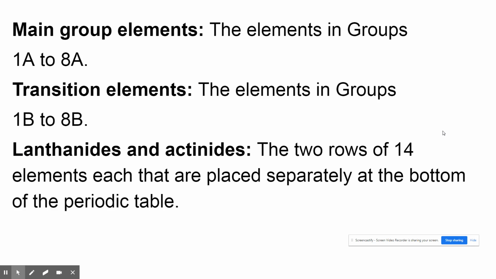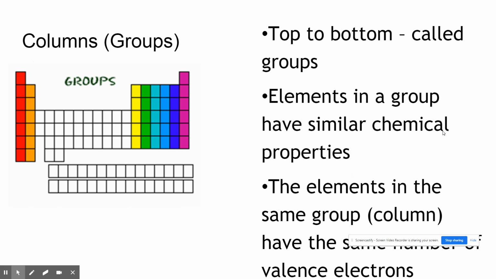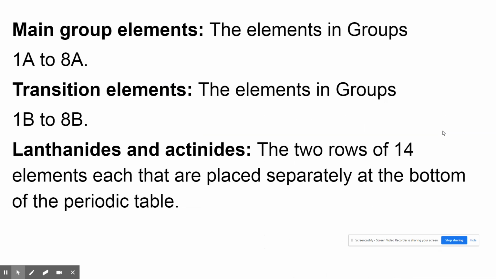All right, so main group elements are groups 1A to 8A. If I look back to this, when I'm talking about my groups, these ones that I have colored in, we call these main group elements, and you'll notice there are 8 of them. So red on this picture is 1A, and the purplish, pinkish color is 8A.